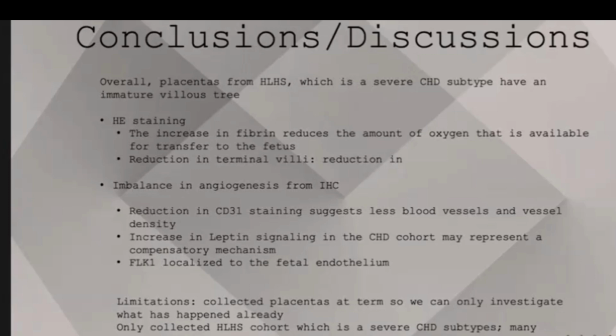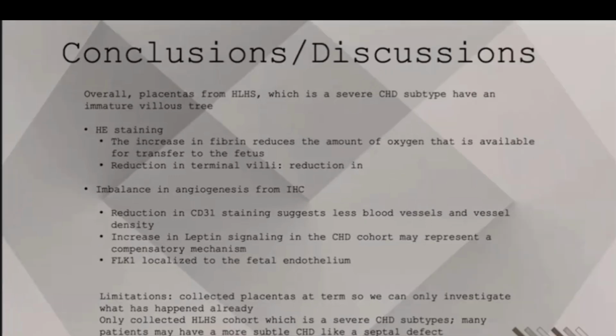So you can imagine they are getting oxygen, but not the amount of oxygen that they need, especially during the later half of pregnancy, where the fetus is growing and growing and growing. This is like a 5 to 7, sometimes 8 pound baby.